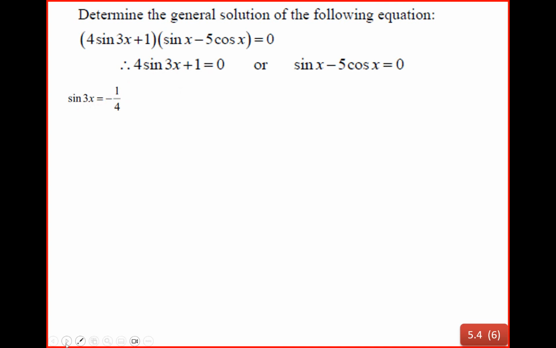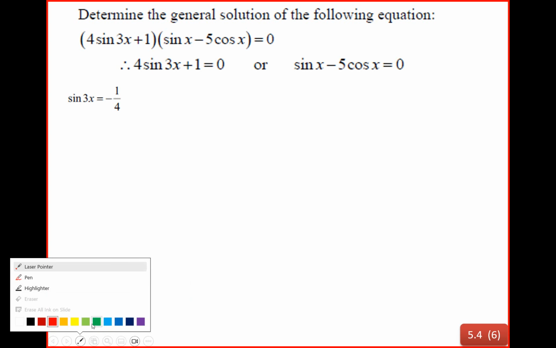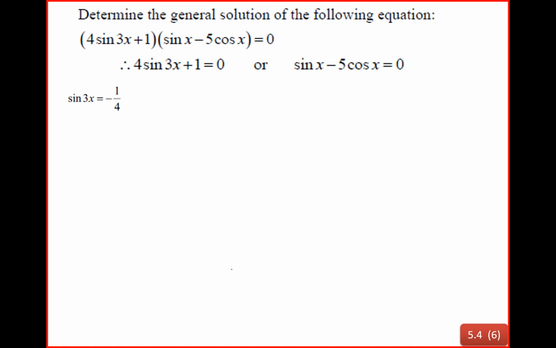We're now going to use a calculator and find our reference angle, but before we do that, we want to remember that sine is negative in quadrant 3 and 4.